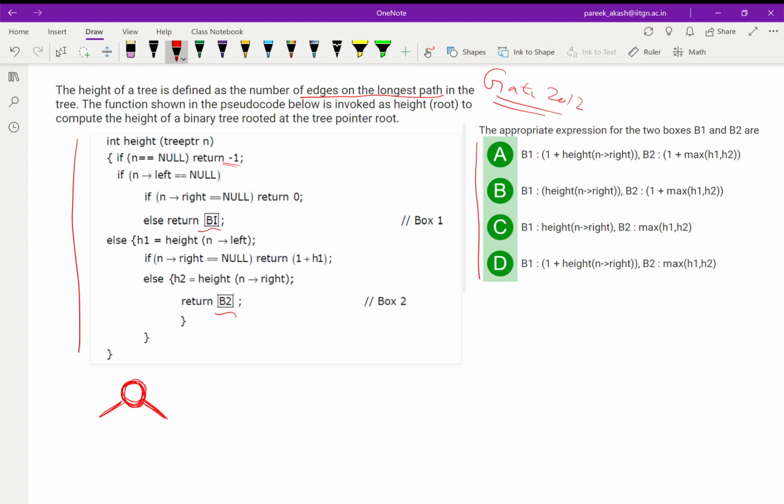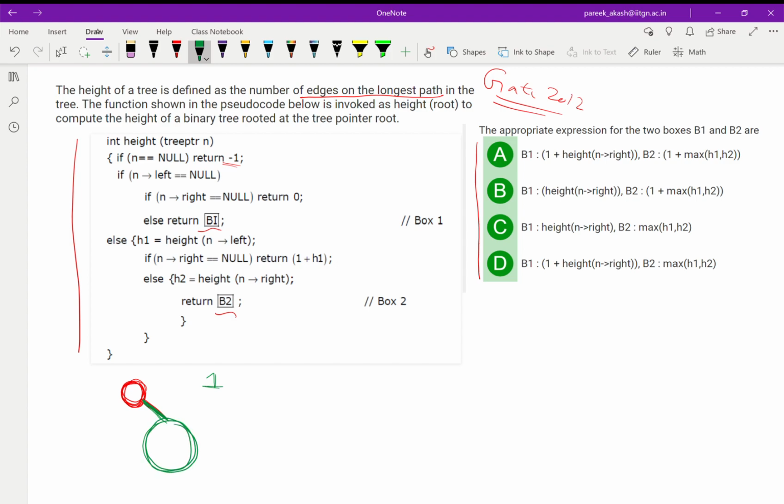Else, what will you do in this else part? Why did it come into the else part? Because n of left equal to null, so there was nothing in the left part, and n of right equal to null was false, that means there was something in the right part. So it comes to else. In else, we have one edge, so we count one. And now we can recursively find the height of this subtree.